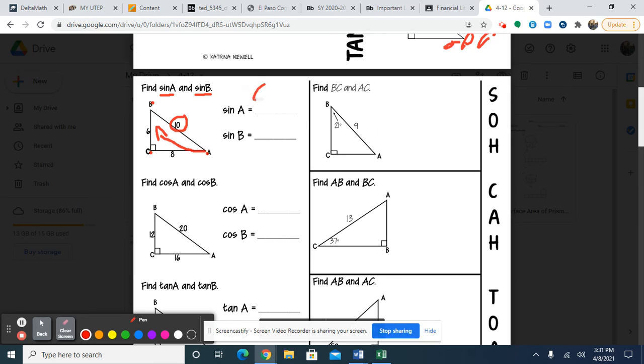So sine of A is 6 over 10, which can actually be simplified to 3 over 5. And then sine of B is going to be the opposite of the angle B, which is 8, and the hypotenuse, which is 10. So 8 over 10, which simplifies to 4 over 5.